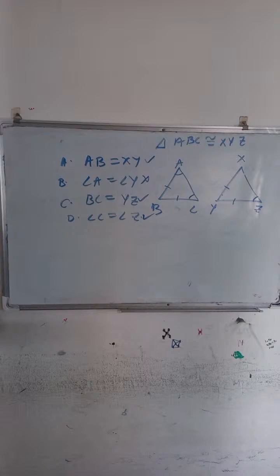So write down next question. ABCD is a parallelogram in which angle A is equal to, oh, not 40, 70 degrees.